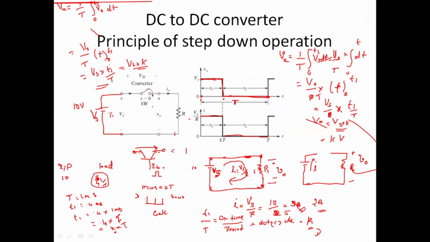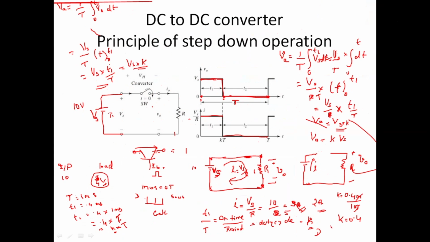K into Vs. For an example, if K is 0.4, it means on time is 0.4 milliseconds and the total time, the period, is 1 millisecond. Here to here assume 0.4 millisecond, here to here assume 1 millisecond. Then the milli cancel each other, K becomes 0.4.